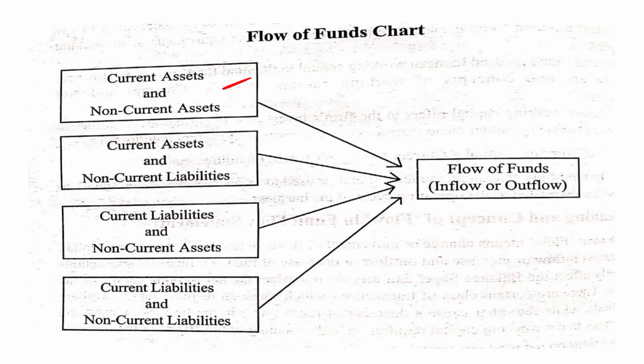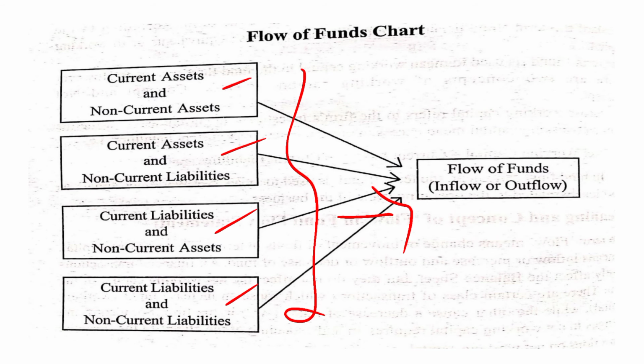Transaction between current assets and non-current assets. Transaction between current assets and non-current liabilities. Transactions between current liabilities and non-current assets. And similarly, the current liabilities and non-current liabilities transaction. These four lead to flow of funds, which may be inflow or outflow.